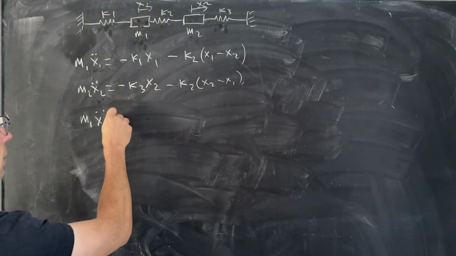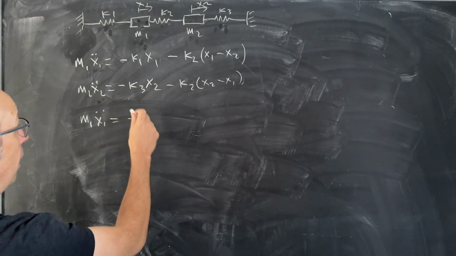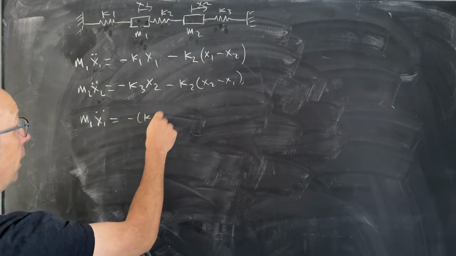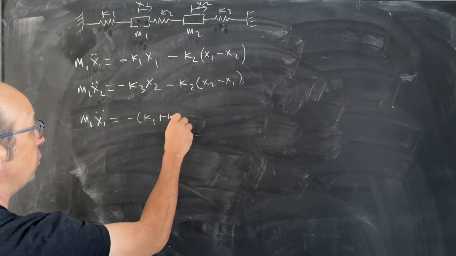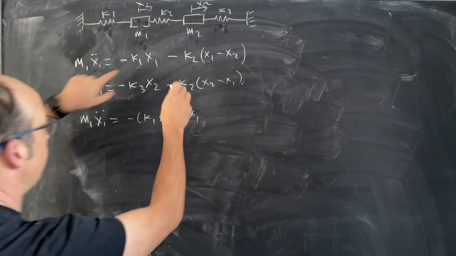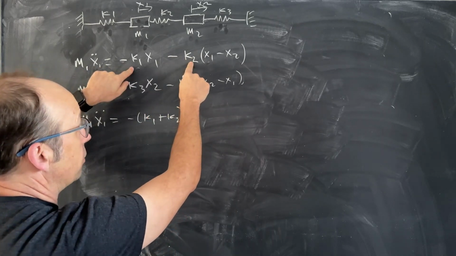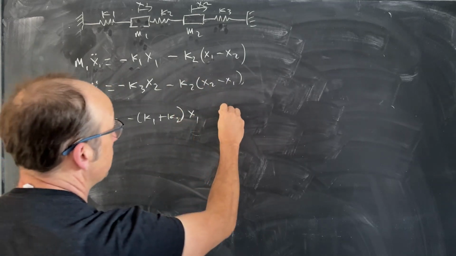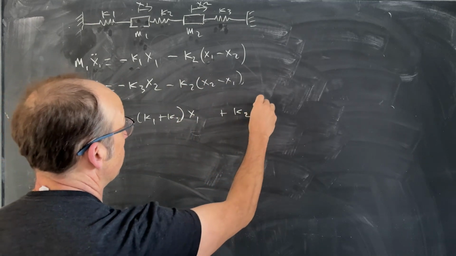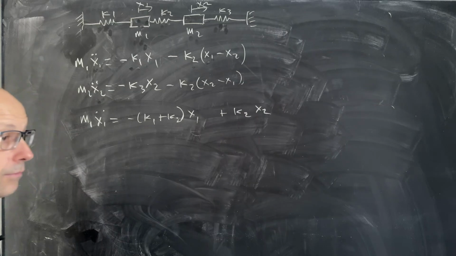So this is negative k1 and then a negative k2: negative (k1 plus k2) x1, because that's negative k1 minus k2. They both have an x1. And now my x2 term is going to be plus k2 x2.